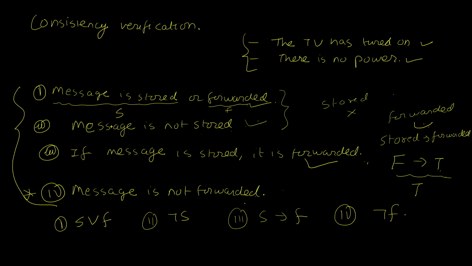And if you really want to resolve this without putting any thought, what you want to do is construct a truth table. You want to combine all of these expressions using an AND, so my expression would be S or F, and not S, and this, and this. Then I'll calculate each of them component-wise and do an AND. And if I can see in the truth table that at least one row causes a true output, I could consider that these messages are consistent.